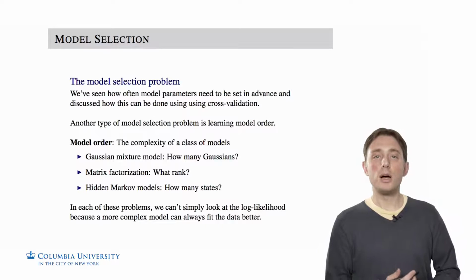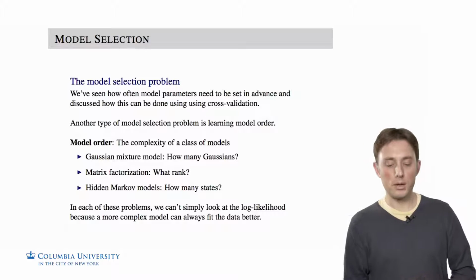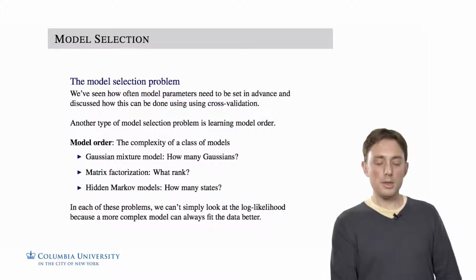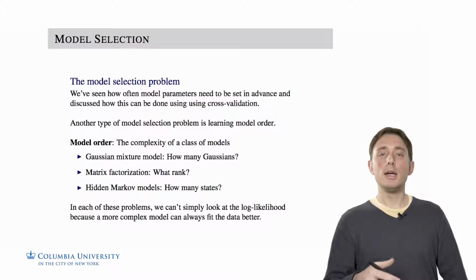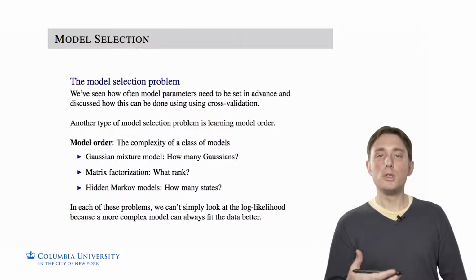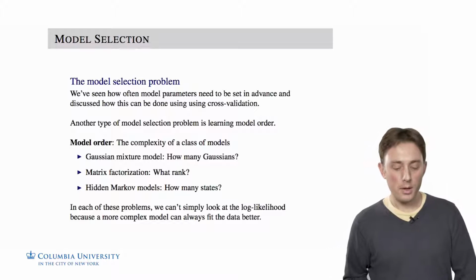And for hidden Markov models, we had to define how many states we were going to learn in our model. So these problems are a little bit more than just simply learning how to set a particular parameter for the same model. It's learning how to choose the model to begin with. So this is the model selection problem.